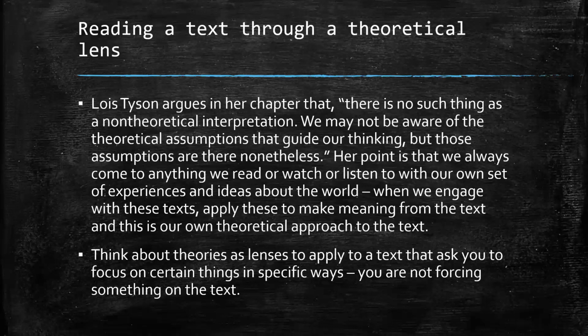So think about theories as lenses to apply to a text. The theories used here are asking you to focus on certain things in specific ways. This is not about forcing something on the text, but if we think about lenses the way that Tyson offers, as different literal lenses and glasses, we see different things with different theoretical lenses.